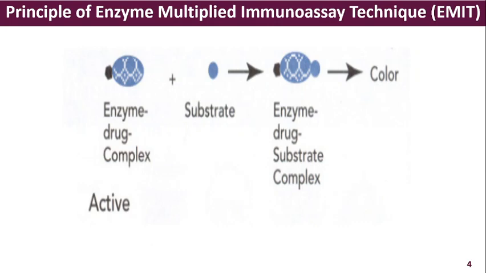The drug molecule is conjugated to enzyme, and this enzyme, let us take a simple one, that is alkaline phosphatase. Alkaline phosphatase is conjugated to the drug molecule, and the substrate for alkaline phosphatase is para-nitrophenol phosphate.